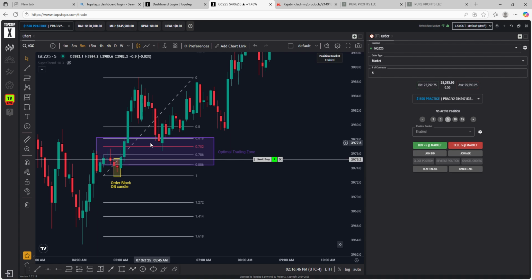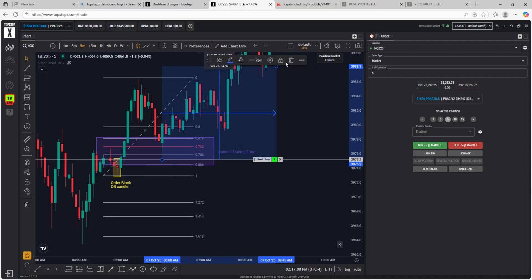Now I'm looking for buys. I'm identifying my optimal trading zone. When I drew my fib, I highlighted my order block to see if it's in the zone. It closed within the zone. I have my pending right here. I analyzed my risk. I was risking in this trade $230 to make X amount of money.